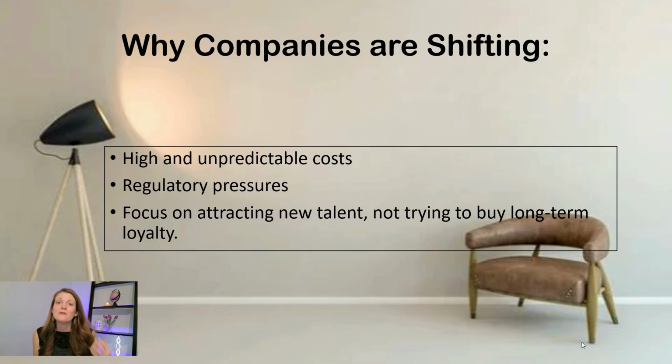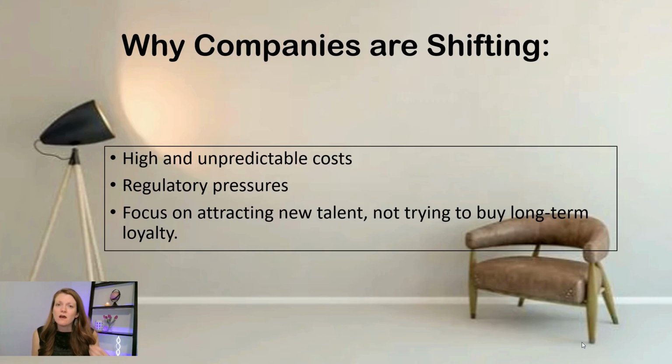And we see this with most companies. They are moving away from the defined benefit plan and they're going to the contribution plans. And that's just so much unpredictability. And that investment risk on the company is really a lot to bear for them. There's also a lot of regulatory pressures that they have to take into consideration, and they have to make sure that they are meeting all of those.